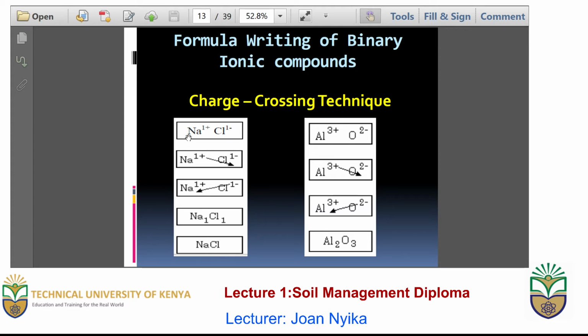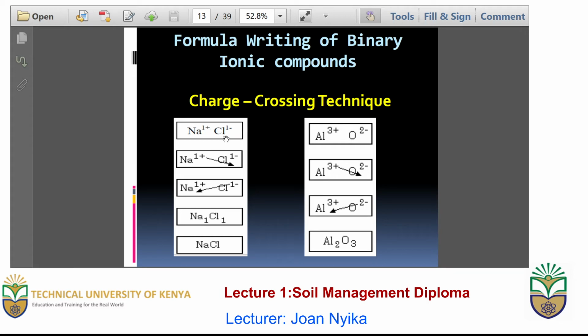What has changed in the sodium and the chloride? In sodium, nothing has changed. You use the name of the metal as it is on the periodic table. But in the case of chloride, on the periodic table it is chlorine. So we have only added the suffix IDE, that is chloride.